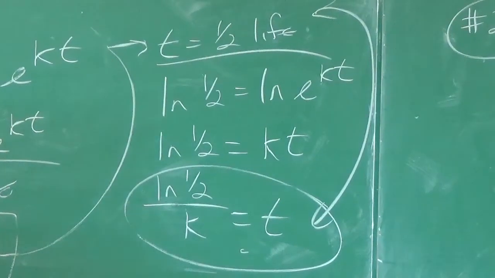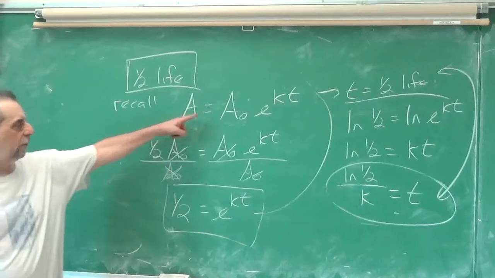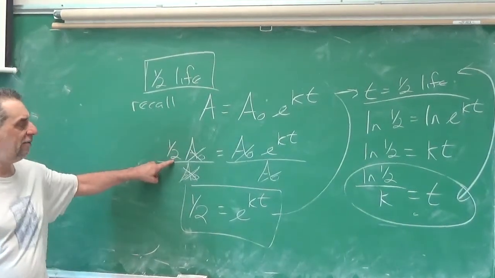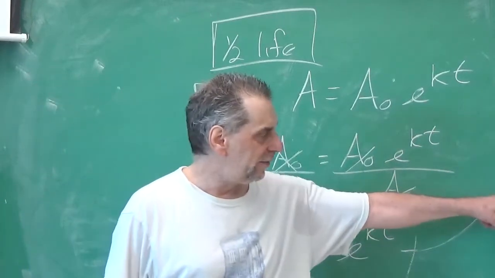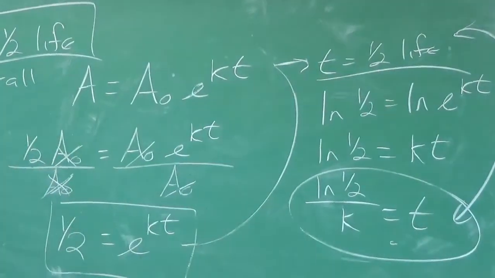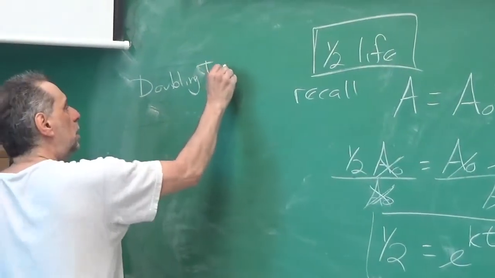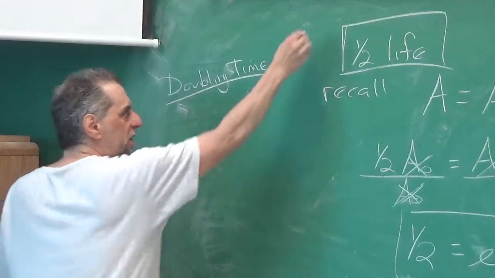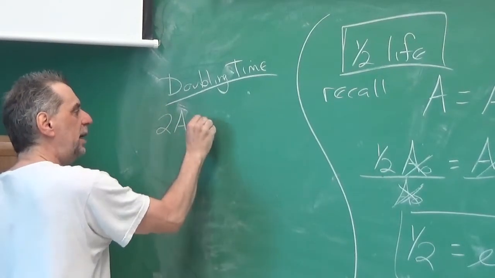So looking at this, if we wanted to double the original amount instead of half, hopefully you're going to see that we're going through the same exact thing, and the only difference is we're going to have natural log of 2 here. All right, so if we go for doubling time, going through the same process as we just did here, twice the original amount.